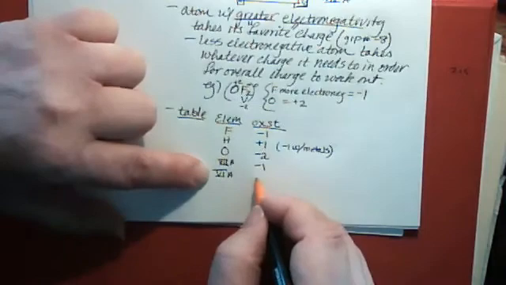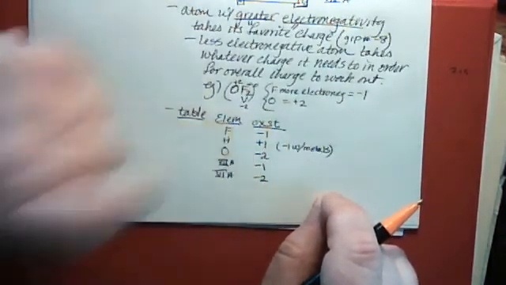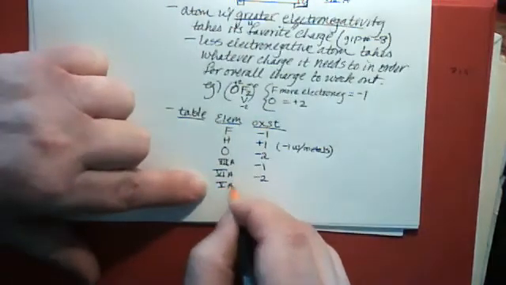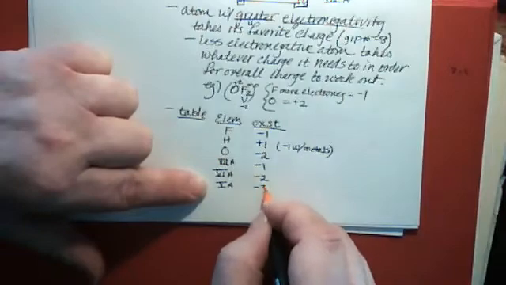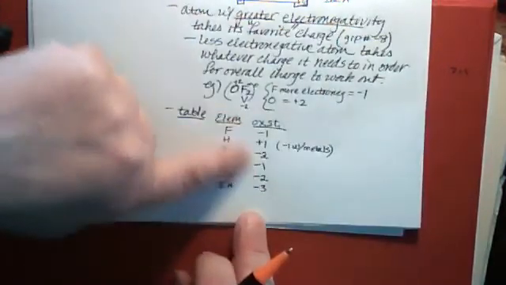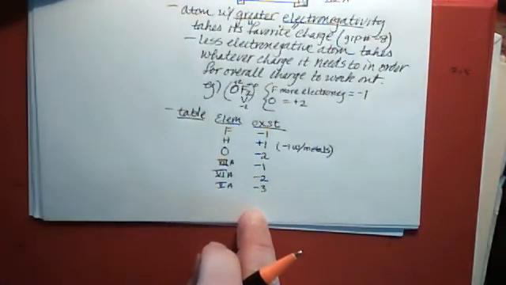Elements in group 6A will generally be -2 unless they're combined with something else above them in the list. And elements in group 5A will tend to have a charge of -3, again, unless they're combined with something above them in the list, and then they might have to be something else.